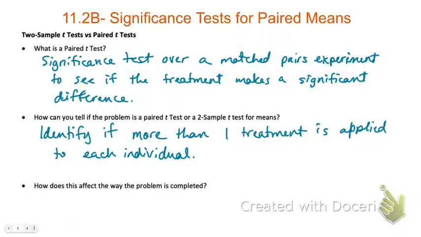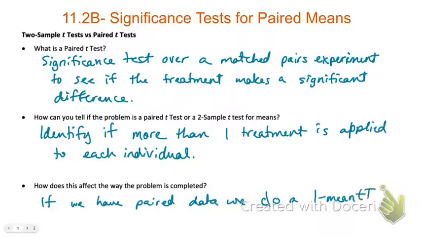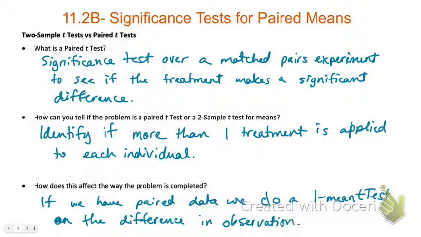Now, how does this affect the way that the problem is completed? If we have paired data, we do a one mean t-test on the difference in observations.